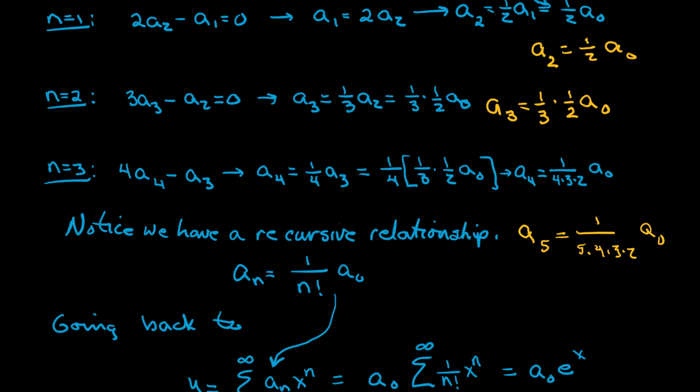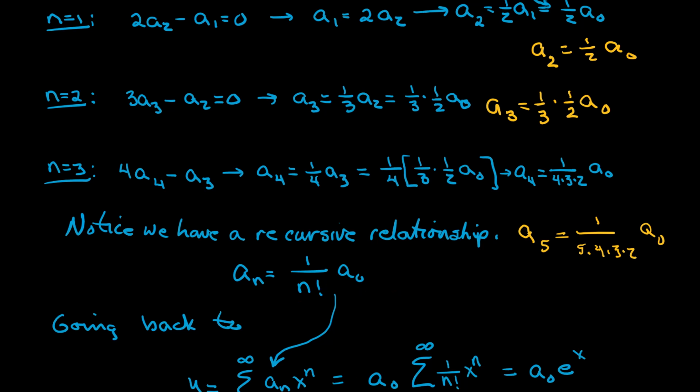And you'll notice that whatever value we choose for n, that nth term coefficient is really going to be 1 over, well, here we had 5 times 4 times 3 times 2 times 1. That's really 5 factorial. But in the long term, it's really going to work out to be 1 over n factorial, times a sub 0.